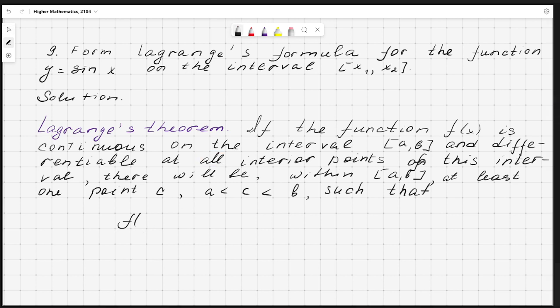What did I say? f of b minus f of a equals f prime of c times b minus a.